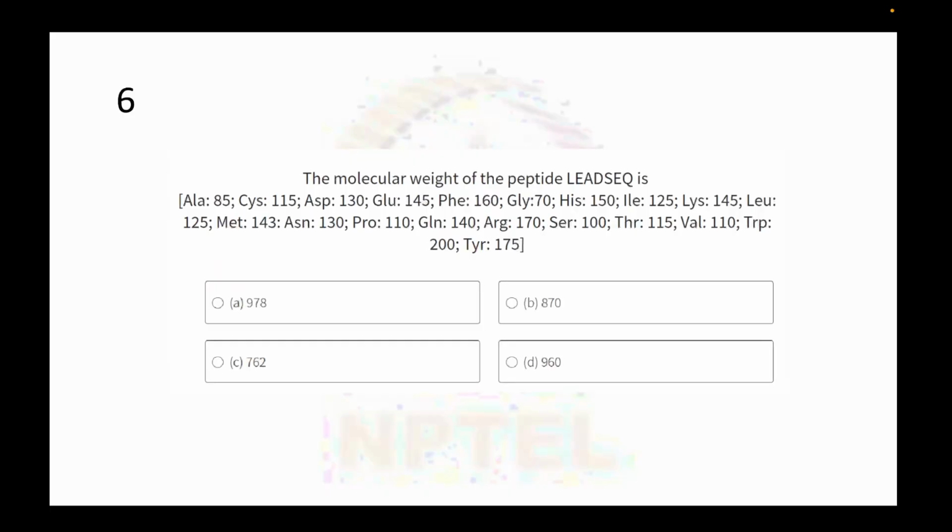So given a peptide, that is LEADSEQ, calculate the molecular weight of the peptide based on the provided individual amino acid molecular weights.